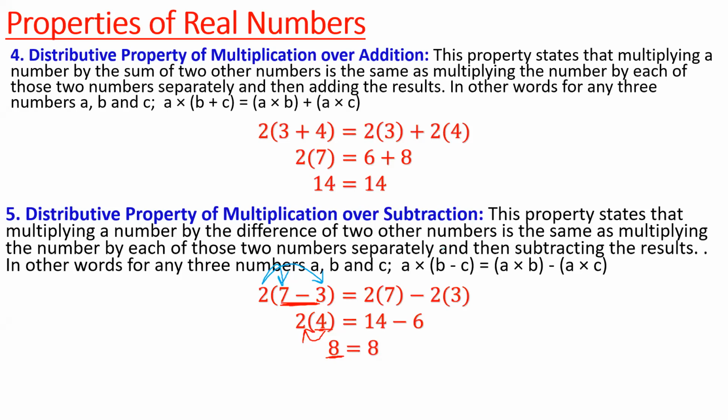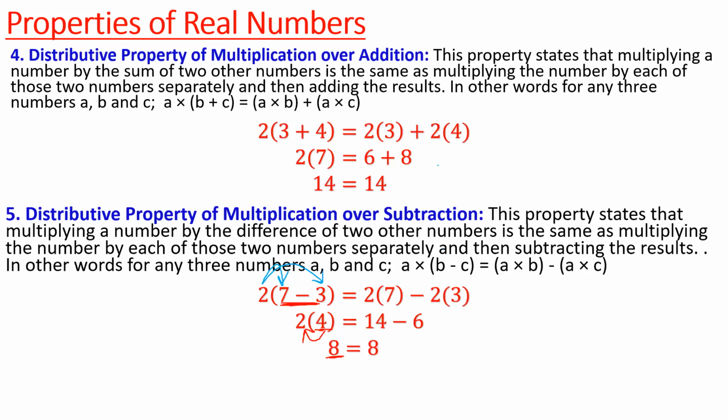Reagan, can you read number 5 for me? Distributive property of multiplication over subtraction. This property states that multiplying a number by the difference of two other numbers is the same as multiplying a number by each of those numbers separately and then subtracting the results. Very good.